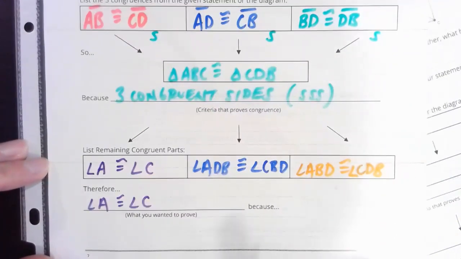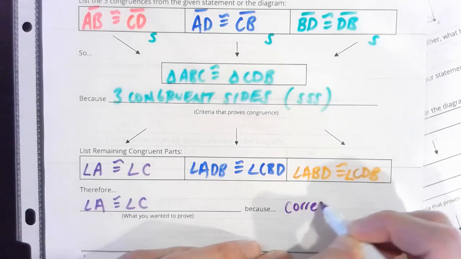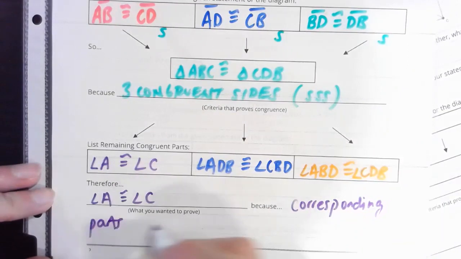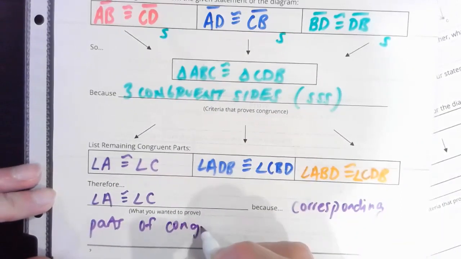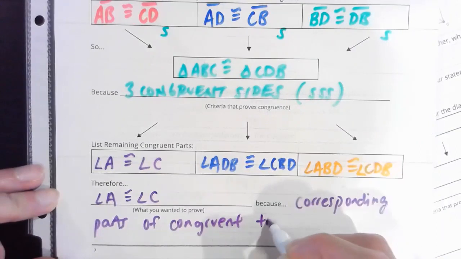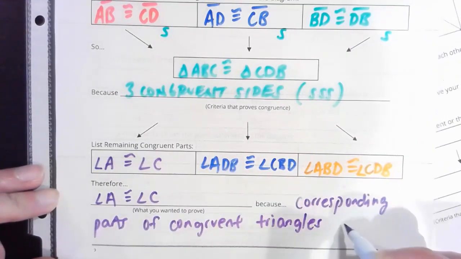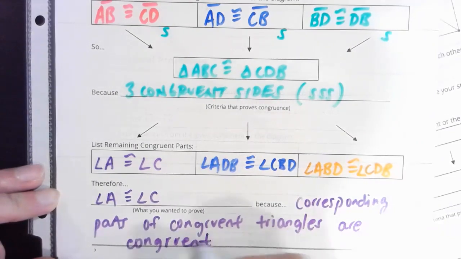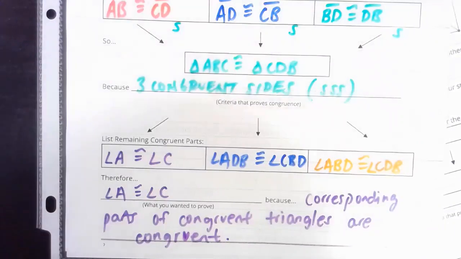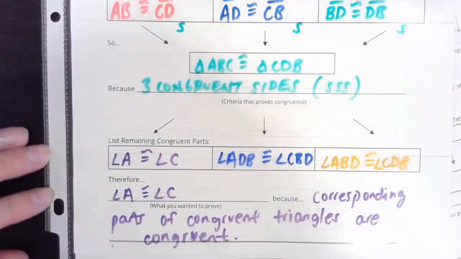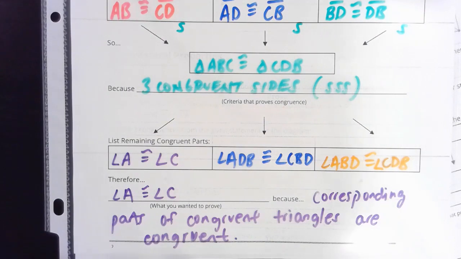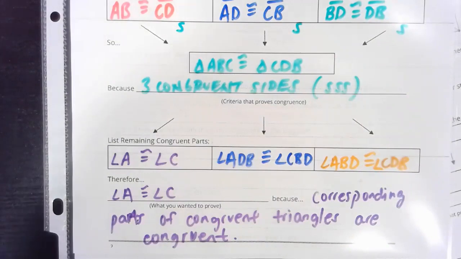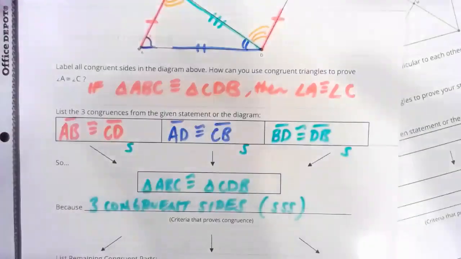And the math way of saying that is because the corresponding parts of congruent triangles are congruent. If two triangles are the same, then all of their sides and angles are also the same. Parts. Sorry, I wrote a little quickly there. All right. And that's how you finish number 1.